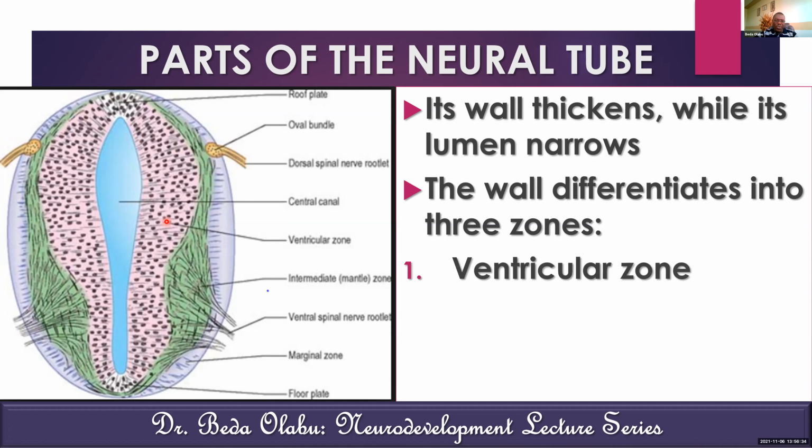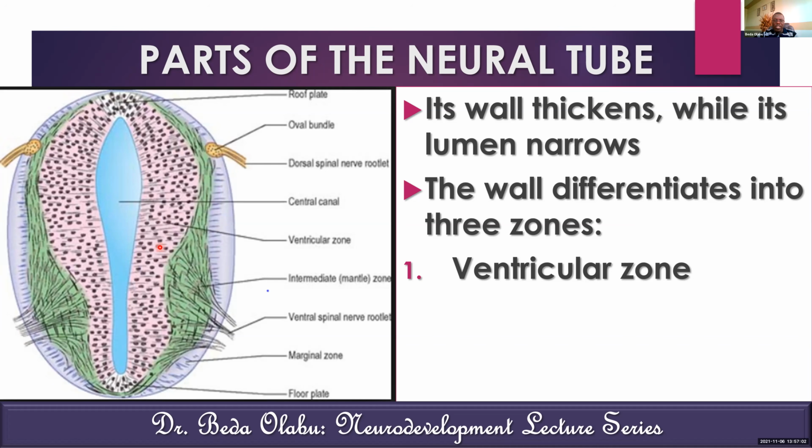The innermost zone is called the ventricular zone. The ventricular zone of the neurotube contains a group of cells which give rise to the other cells, so it's a stem cell population. Some people call it the germinal zone, or the ependymal zone, or the ventricular zone.